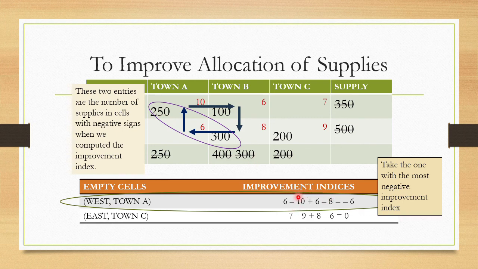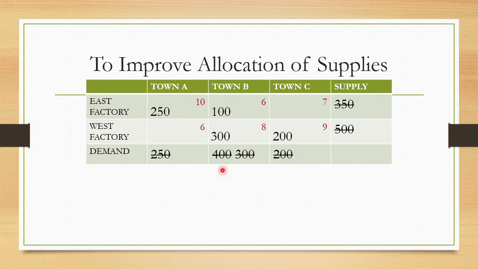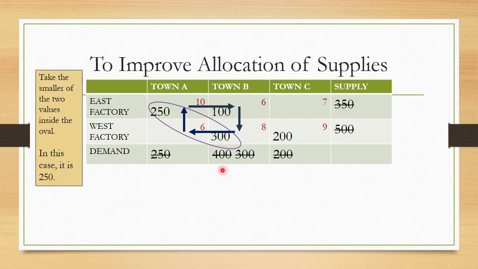To answer that question, between these two numbers, which correspond to the negative signs in the computation of our improvement indices, what we will do is take the smaller of the two values. So between 250 and 300, the smaller of the two values is 250.